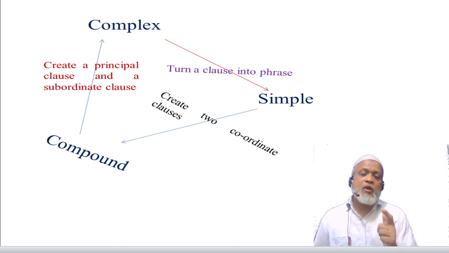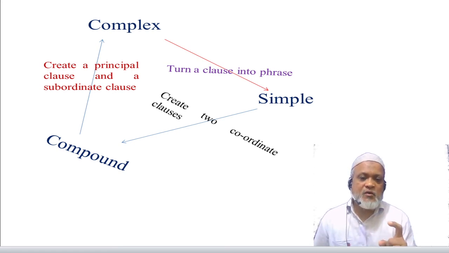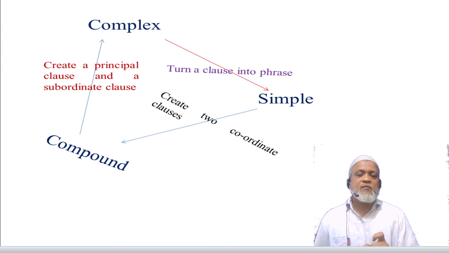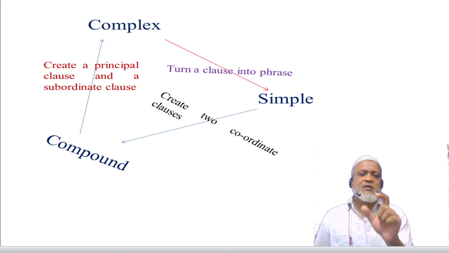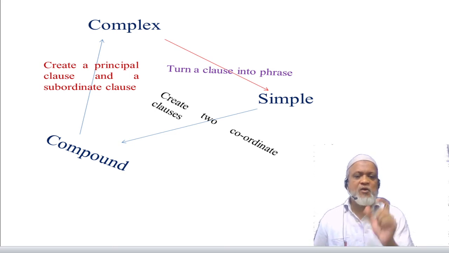And if we want to make a complex sentence into compound, we have to create two coordinate clauses by using the clauses and the words and other things of the complex sentence. Understand? Clear? Just as we have learned how a complex sentence can be changed into simple and compound.